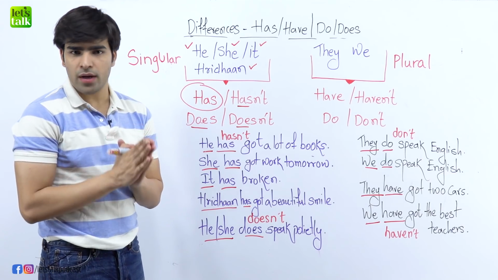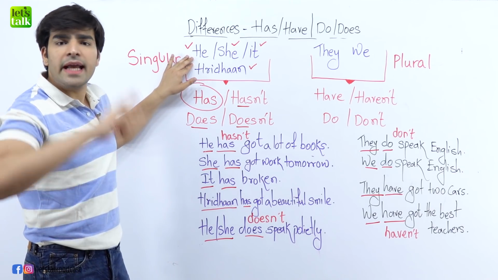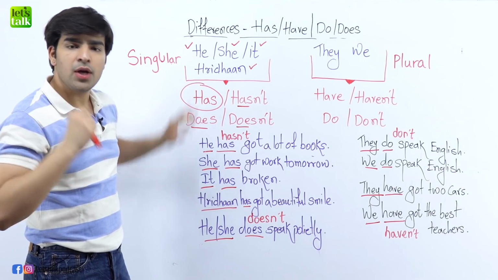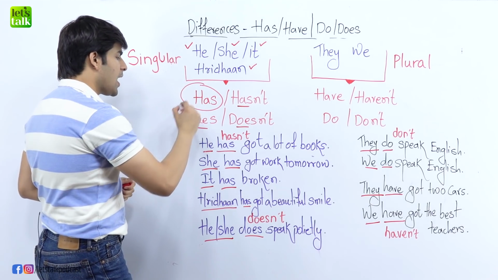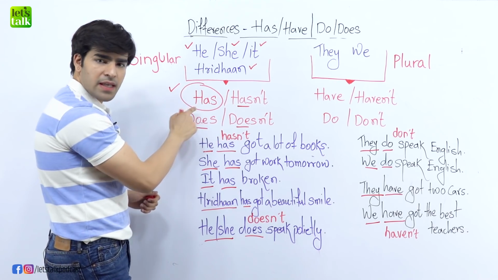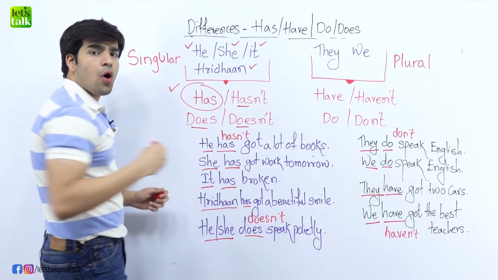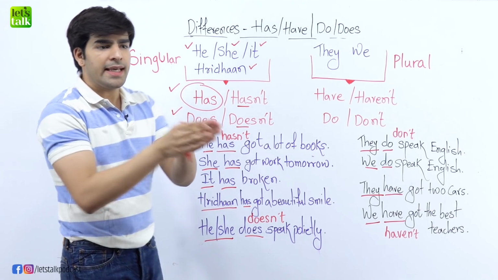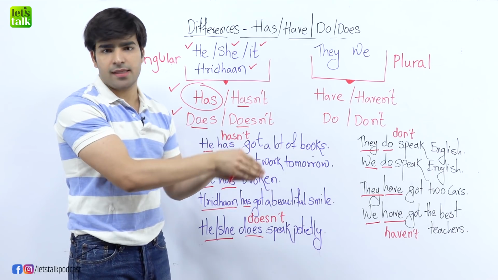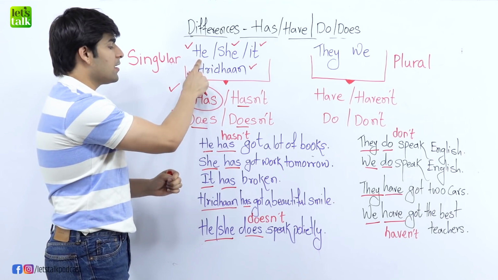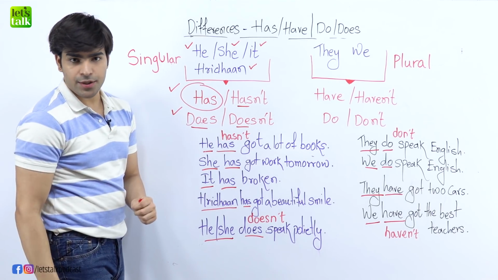This is what today's lesson is entirely about. Let's go through it one last time. If it is singular, anything on this planet that is just one, with that we use either has or the negative, or we use does. So don't confuse he don't speak English or he doesn't speak English. It is he doesn't speak English.